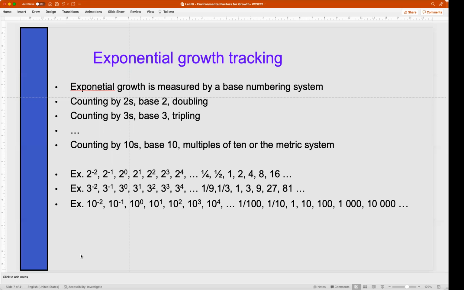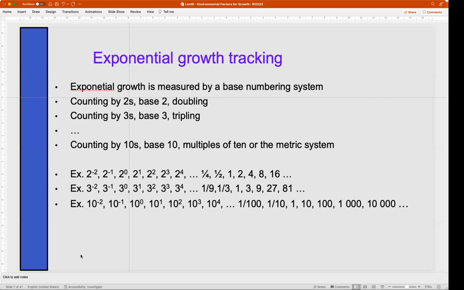So 1 over 2 squared is 1 over 4, then 1 over 2, and then 2 to the 0 is just 1. 2 to the 1 is 2. 2 to the 2 is 2 times 2, and 2 to the exponent 3 is 2 times 2 times 2. So it's just how many times you multiply it by.